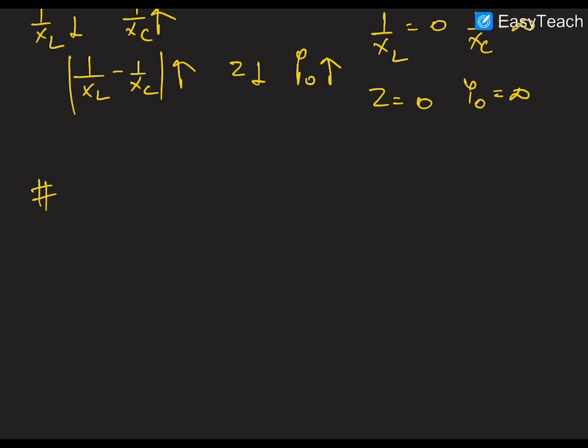So we always say that series LCR circuit is an acceptor circuit at resonance, and parallel LCR circuit is a rejector circuit at resonance.